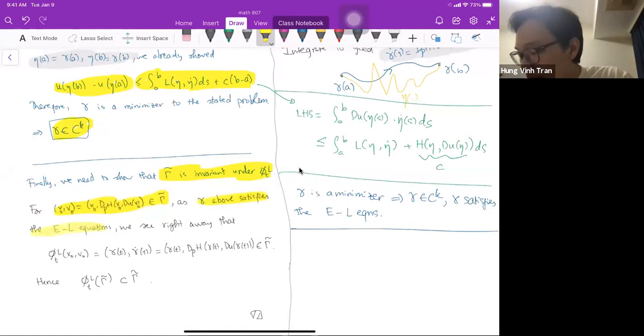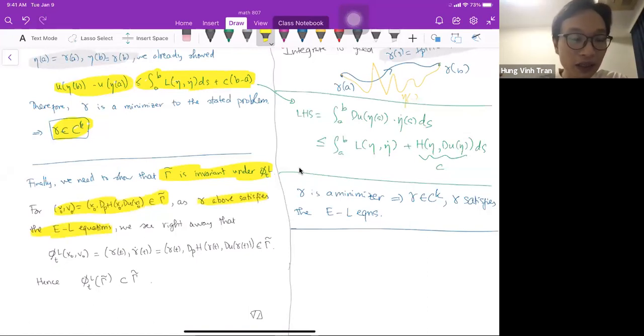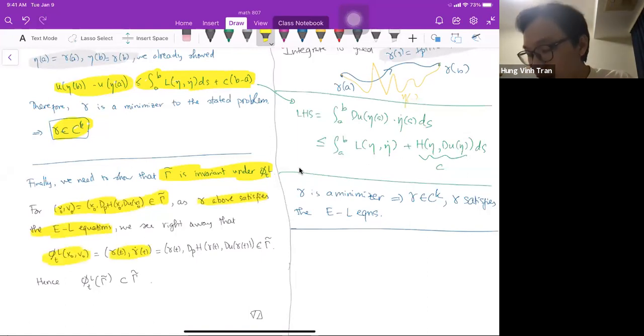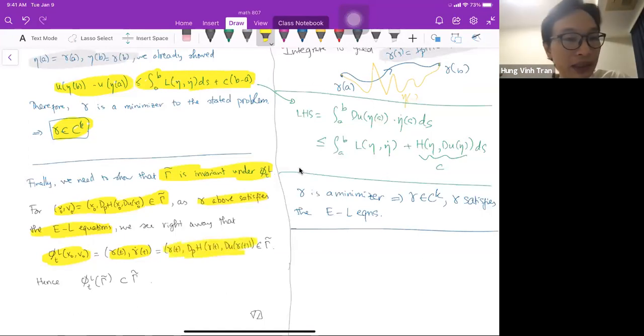That's why it's remarkable, because we have developed the whole thing and we know that gamma satisfies the Euler-Lagrange equation. So what is gamma dot here? If you start the Lagrangian flow, phi t L of X naught V naught, it's exactly gamma dot, and by design everything was chosen so that this is exactly gamma t, dph of gamma t, du of gamma t.